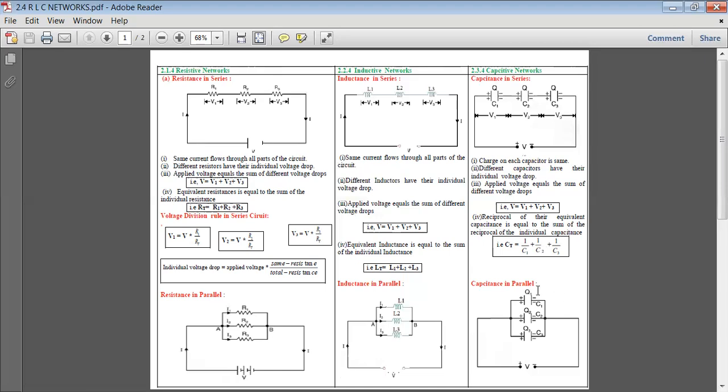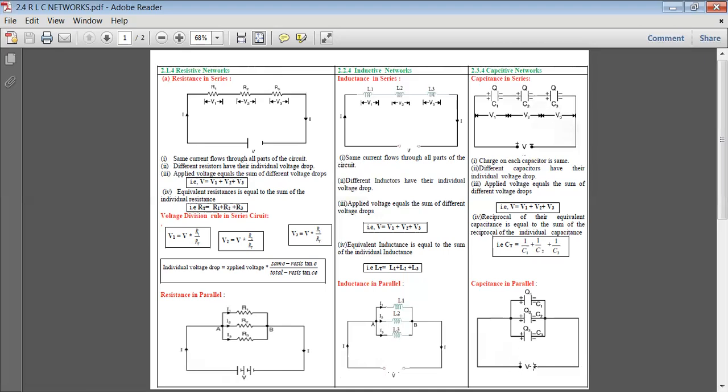Now come to capacitance in parallel. Connect C1, C2, C3 in parallel such that we get a junction. Now the charges will be different: Q1, Q2, Q3. Then apply voltage.